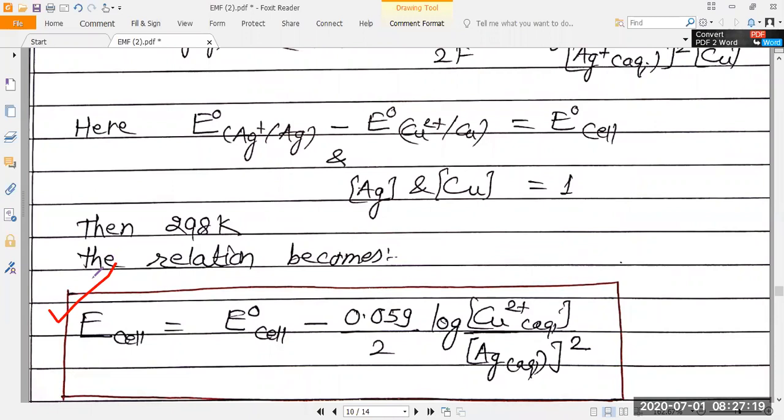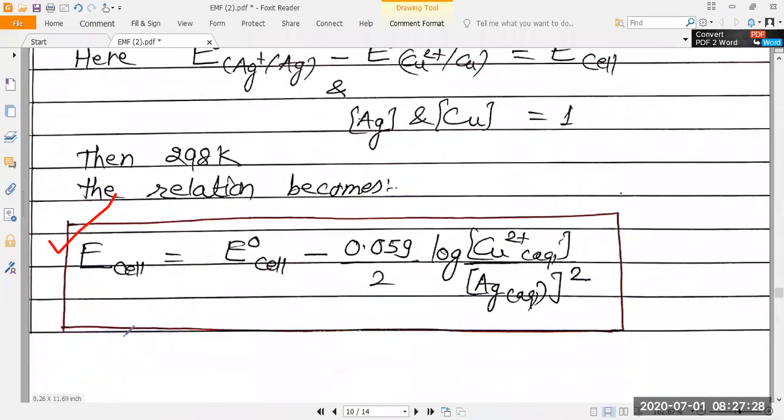Valency of copper is plus 2 and valency of silver is 1. And this is the equation to find the cell potential with the help of Nernst equation. Here we write E cell equal to E naught cell. E naught cell we will find easily. E naught cell equal to ER minus EL. In this manner, we will find the E naught value.